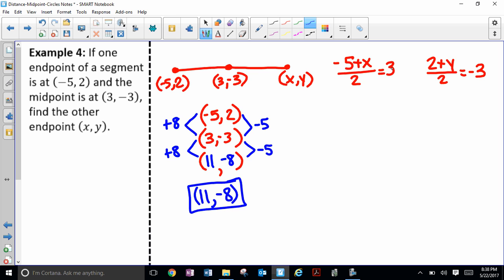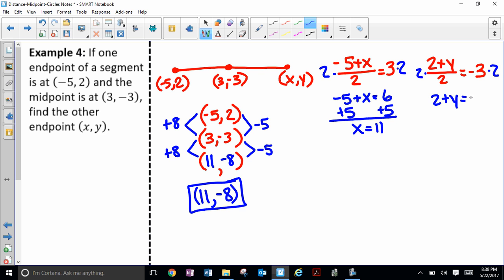If you solved the equations, you would have gotten the same thing. If I multiply by 2, I get -5 plus x equals 6. Then add 5, so x equals 11, which is what I got. Here, multiply by 2: 2 plus y equals -6. Subtract 2, y equals -8, which is what we got there.